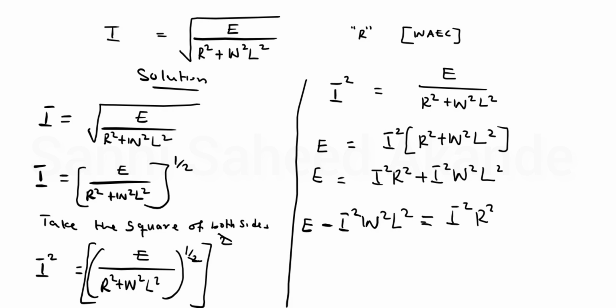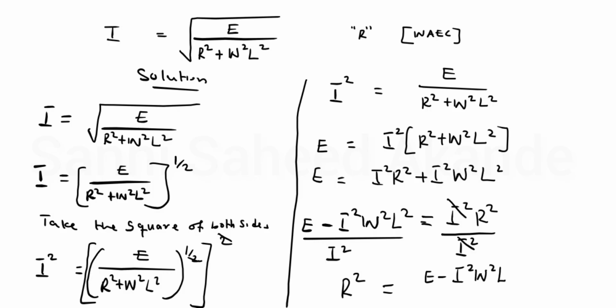So I will now divide both sides by I squared. So this will cancel this. So I now have r squared to be equal to E minus I squared w squared l squared divided by I squared. Is that okay?